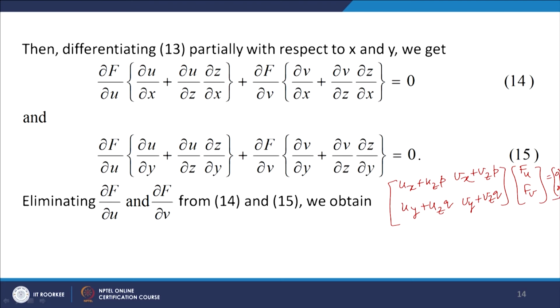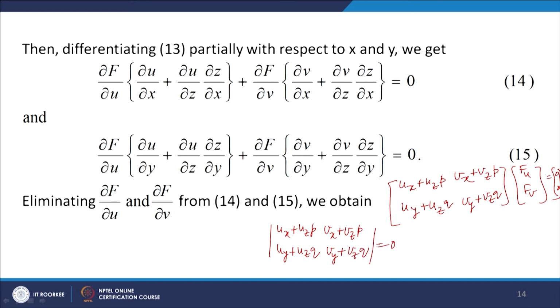Now, this matrix equation will have a non-trivial solution provided the determinant of the coefficient matrix is 0. So, we will have u_x plus u_z into p, u_y plus u_z into q, and then v_x plus v_z into p, v_y plus v_z into q equal to 0.